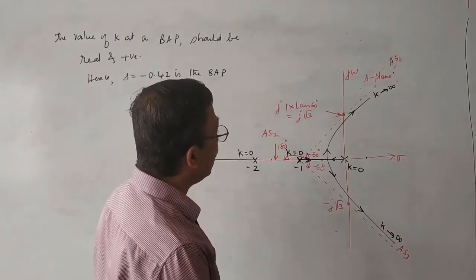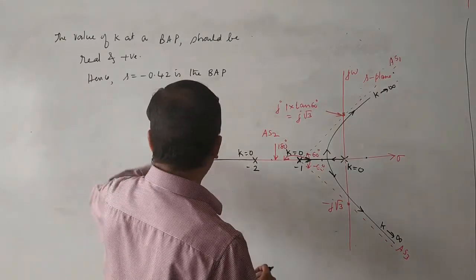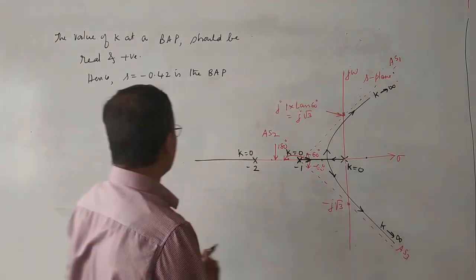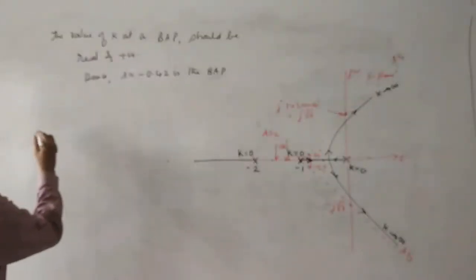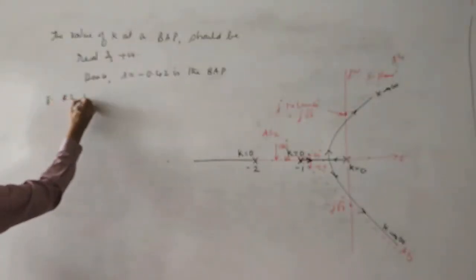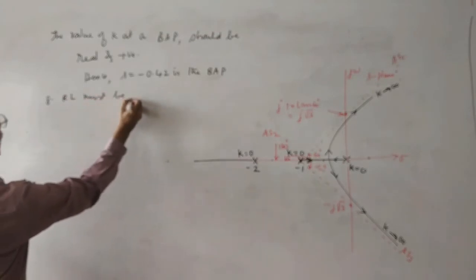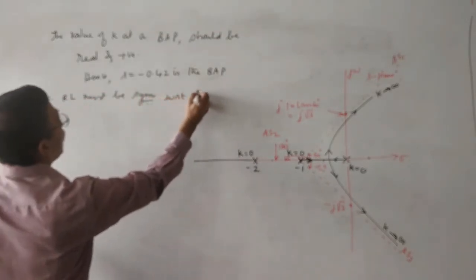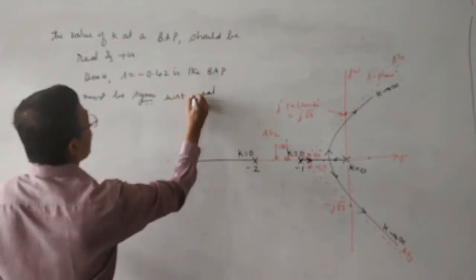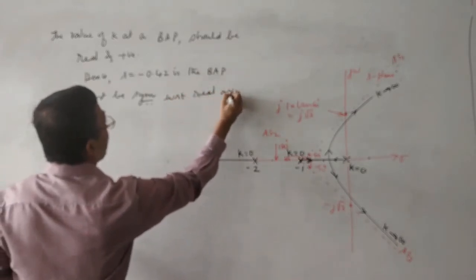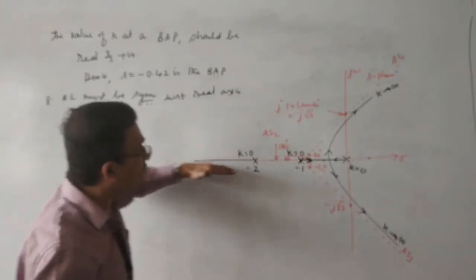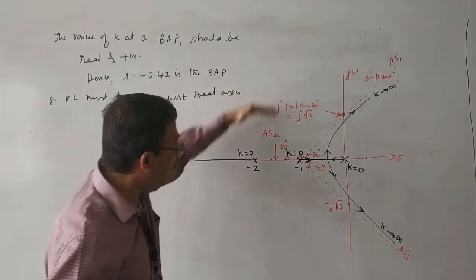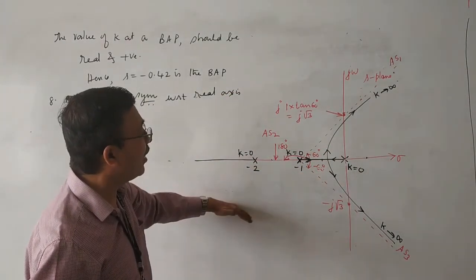How many branches? See, the root locus must be symmetrical with respect to the real axis. I am going to write that next point. Root locus must be symmetrical with respect to real axis. What I mean by that is, if you cut this figure along the real axis, the top portion and the bottom portion must be exactly identical.